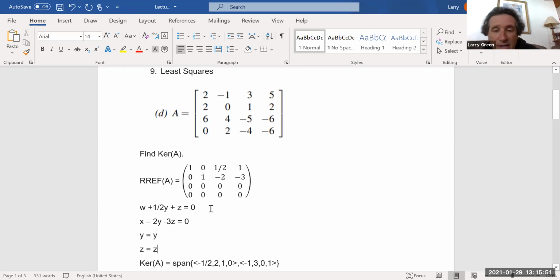Okay, then what I did, if you want the formal thing, I looked at it parametrically. Let u and v be y and z, and you get w is equal to negative a half u minus v. And x is equal to positive 2u plus 3v.